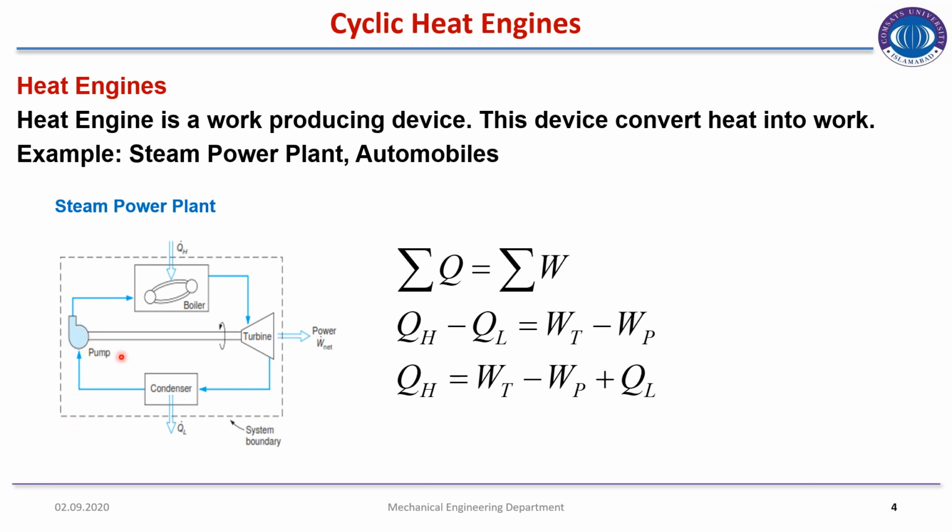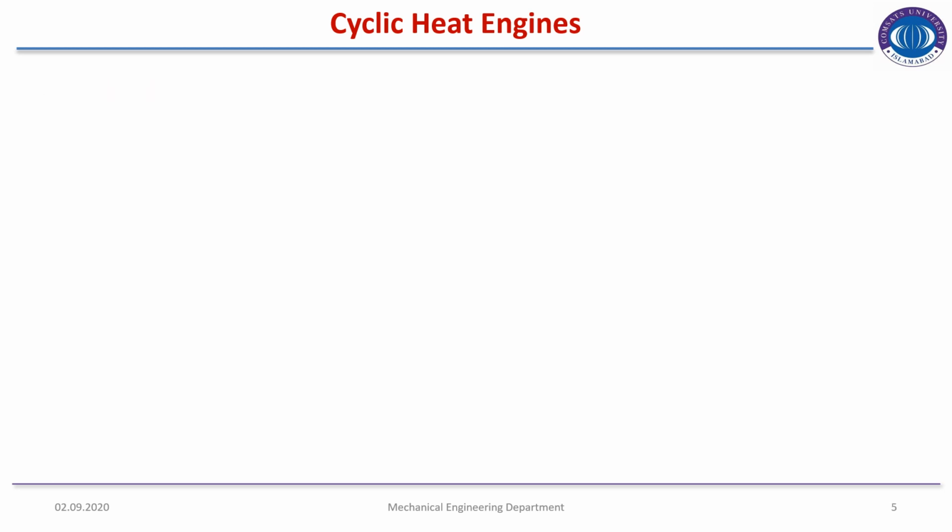As you know, the pump utilizes power, so we have to supply power. Work done on the system is negative, so WP has a negative sign. QH is kept on the left hand side and all other terms are taken to the right hand side, so QH, the heat from the source, is equal to WT minus WP plus QL. That is the relation we have obtained.